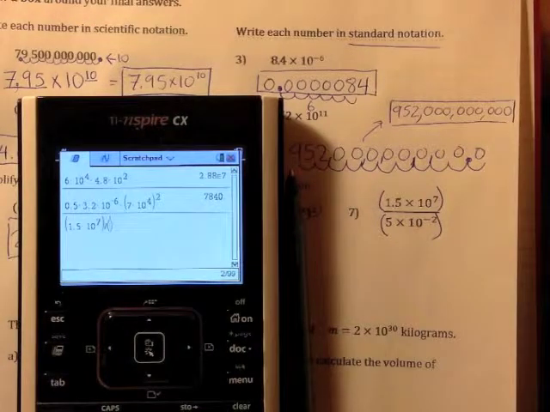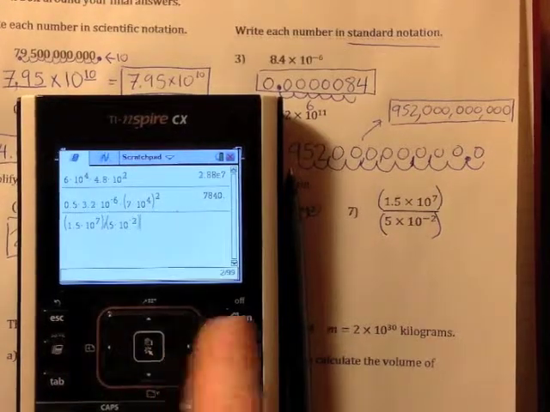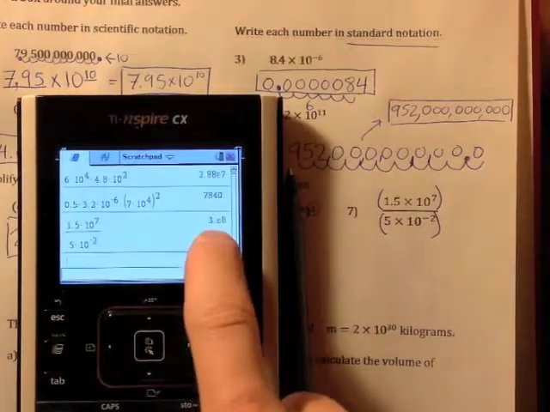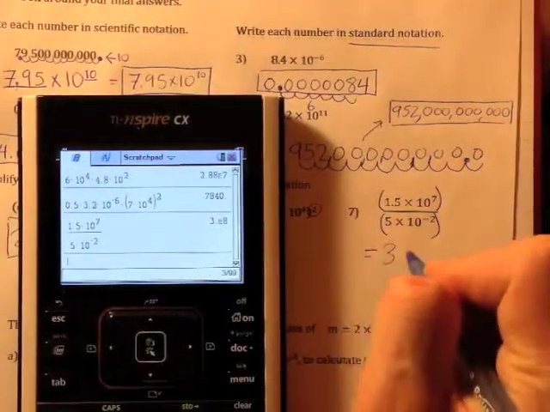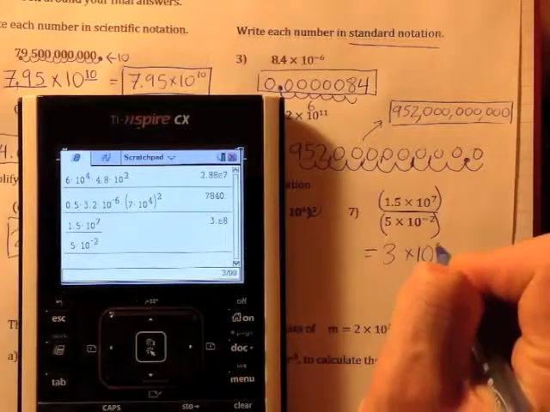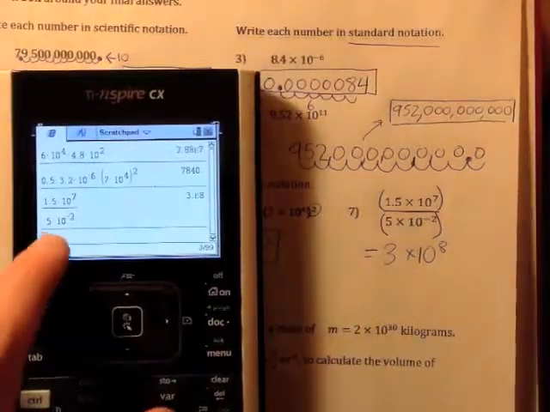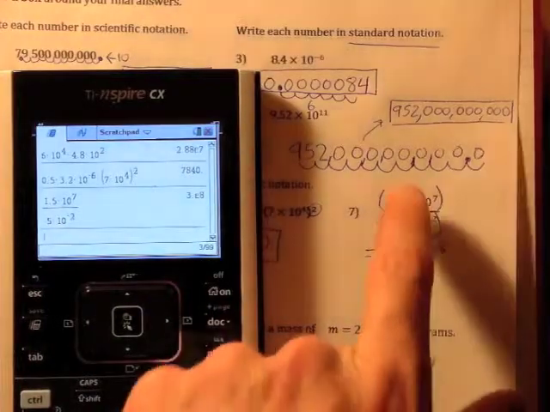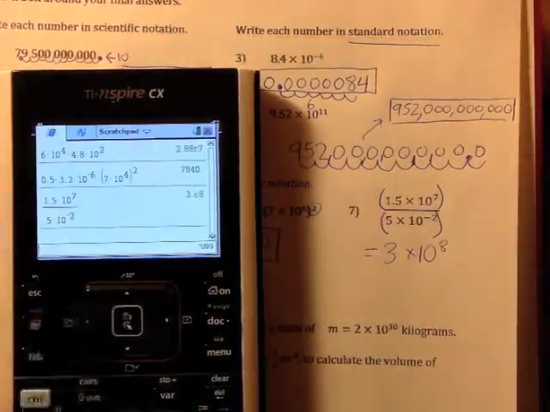In parentheses again, 5 times 10 to the negative 2nd power. Enter. 3e8. All that means is 3 times 10 to the 8th power. Again, the most important thing here for this division problem was to wrap everything in the top and everything in the bottom in separate sets of parentheses.